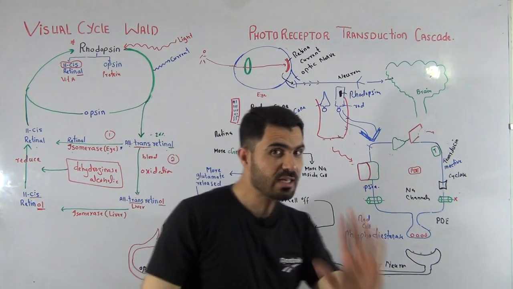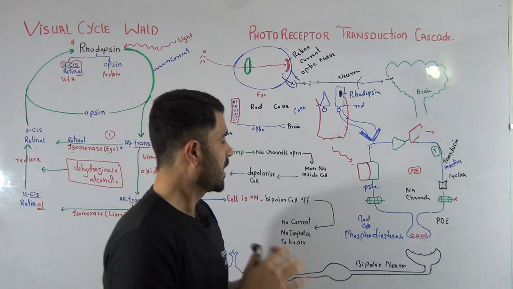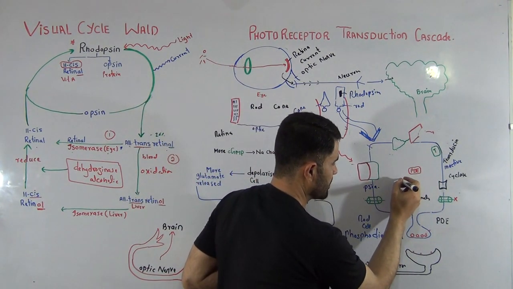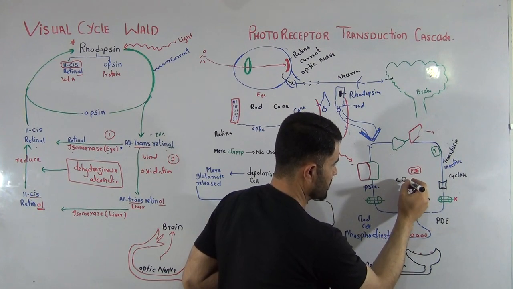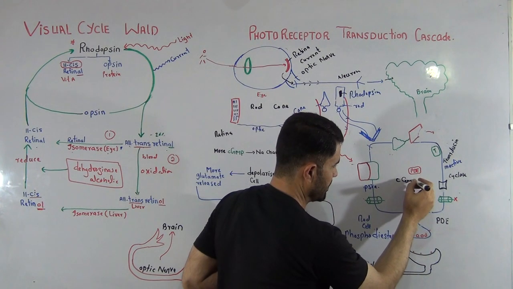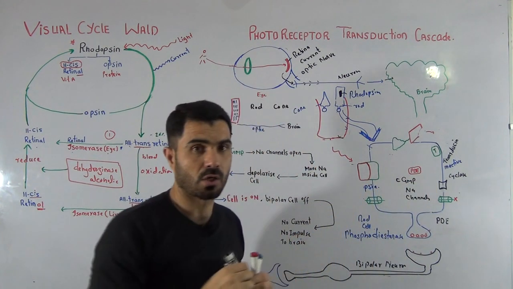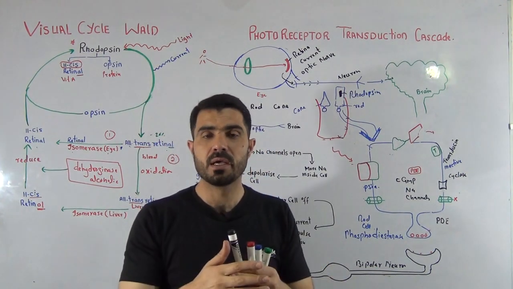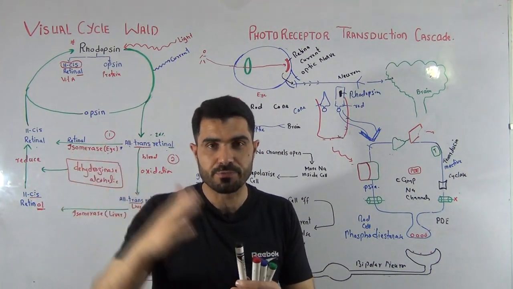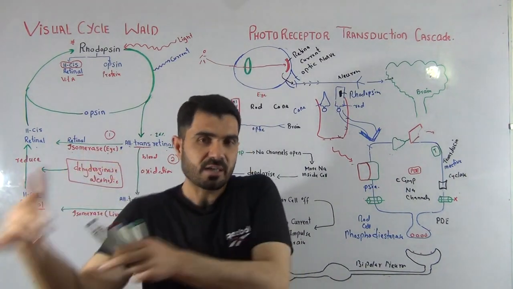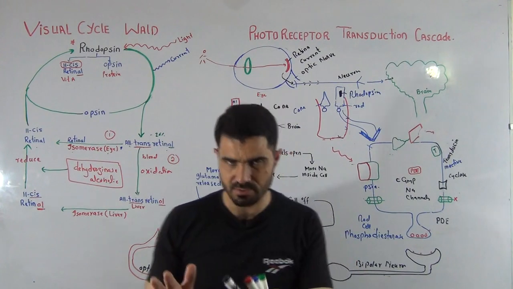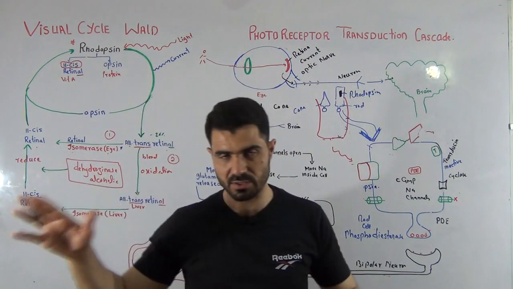When there is no light, there is a molecule called cyclic GMP, cyclic guanosine monophosphate. As you have heard of AMP, adenosine monophosphate, and ATP, adenosine triphosphate. The structure of ATP has already been discussed in one of my video lectures, you can go and watch it.